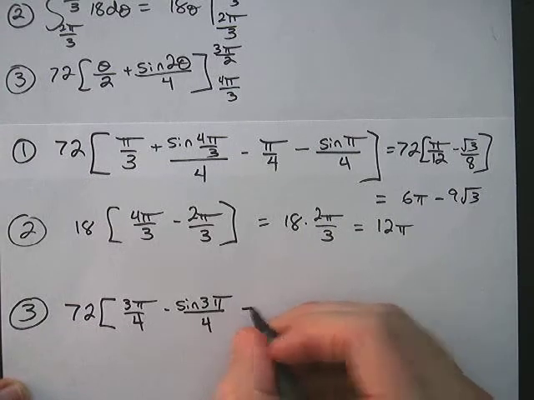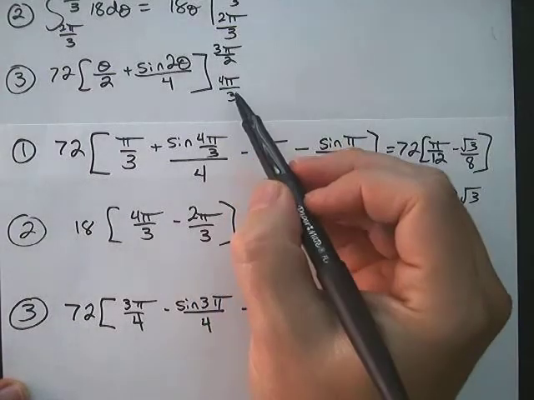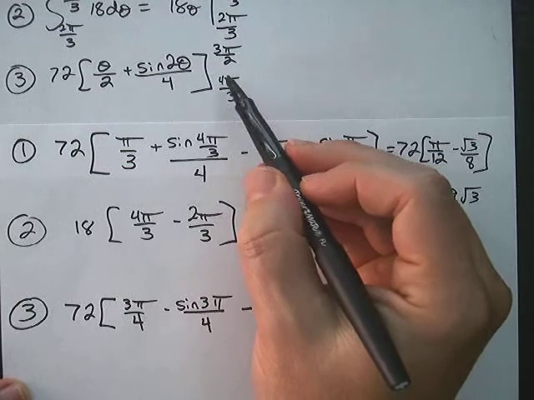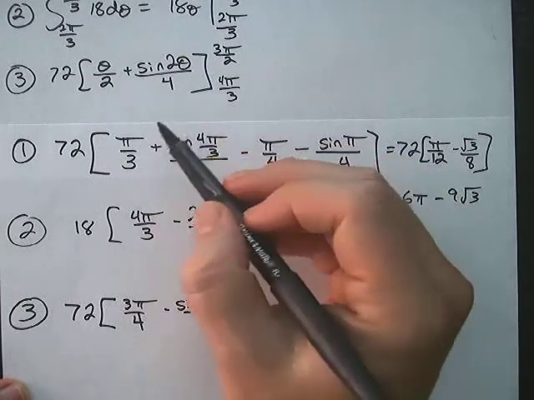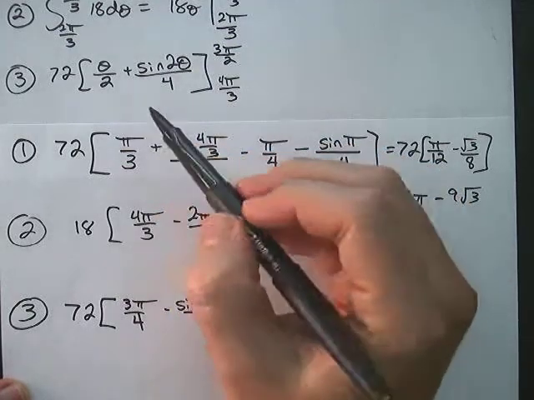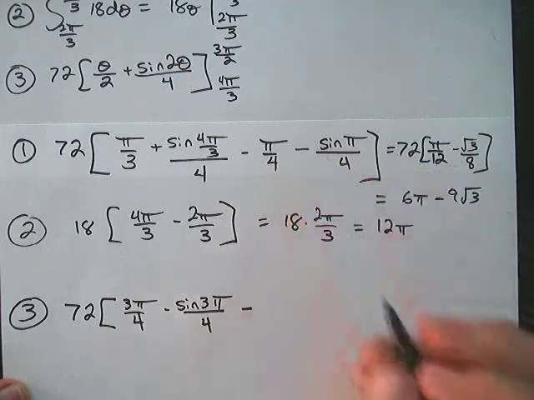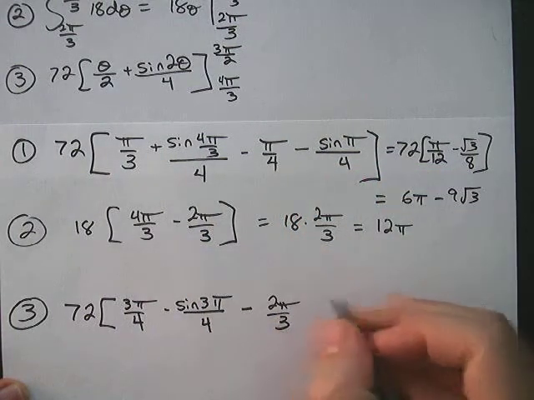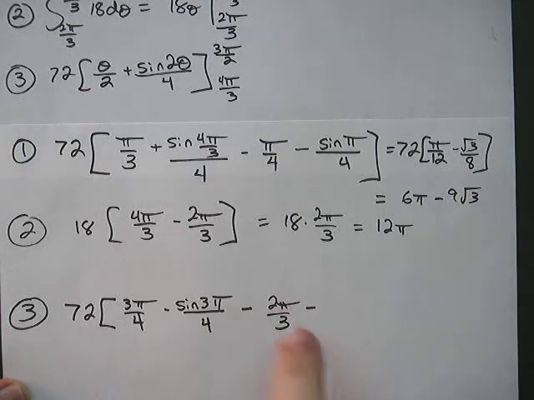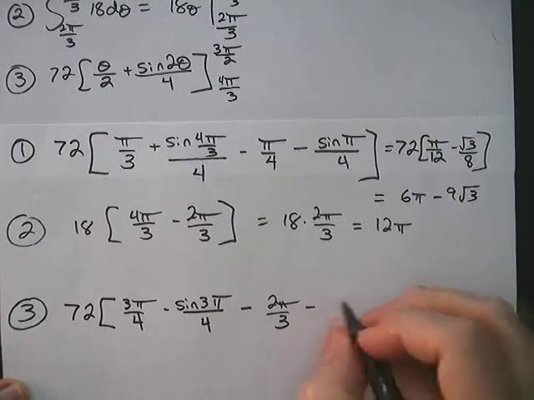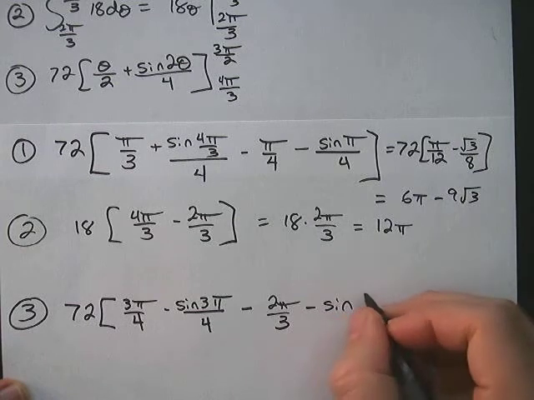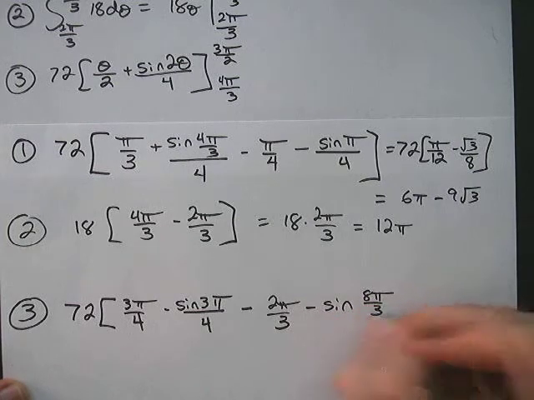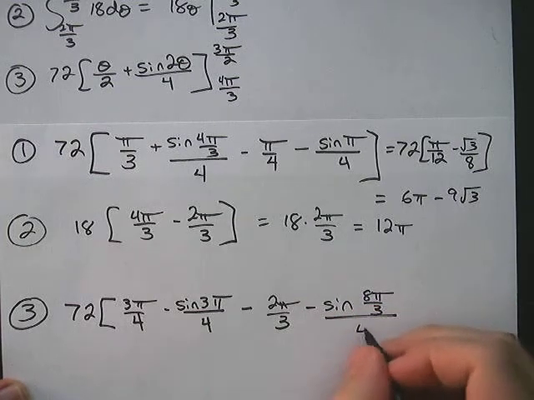Okay, minus, let's plug in the lower limit. So 4 pi over 3, that's going to be 4 pi over 6, or 2 pi over 3. So minus 2 pi over 3. And then minus sine of 8 pi over 3, if we plug that in, over 4.